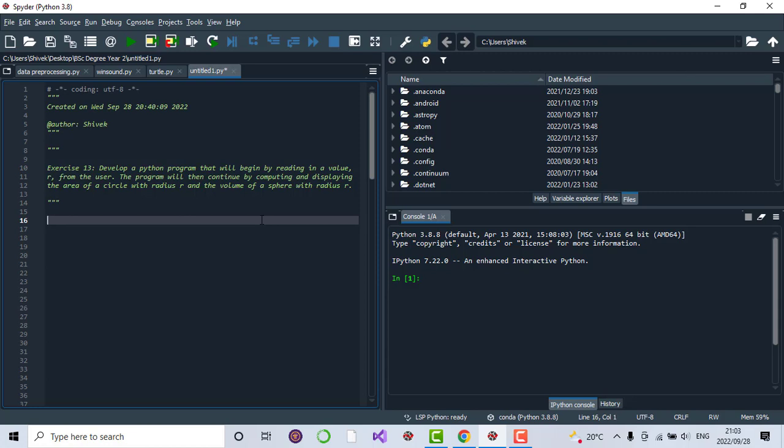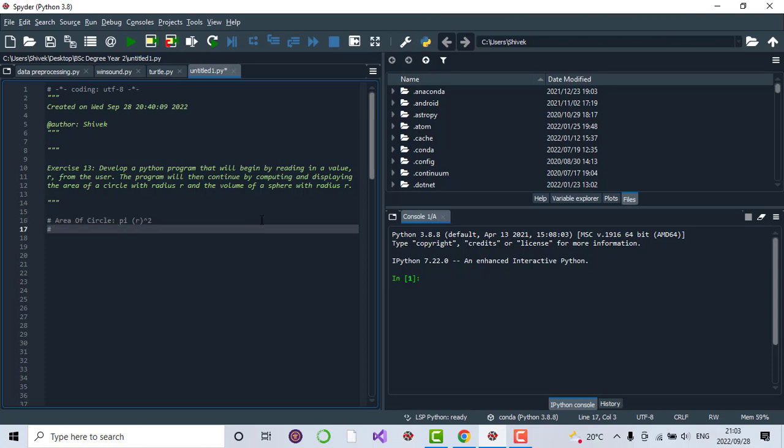So if you Google it, or if you already know the way in which you compute the area of a circle, it's actually pi into r squared. Area of circle: pi r squared.